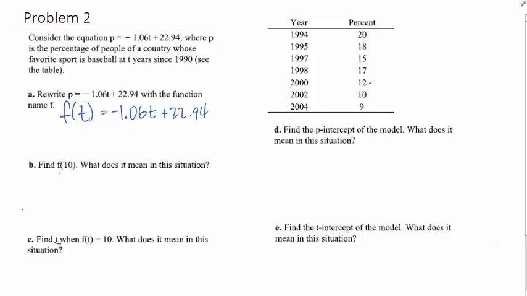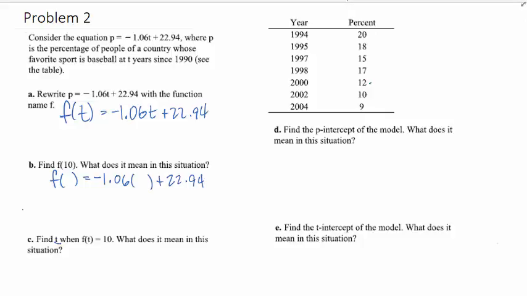Next question, what is f of 10 and what does this mean? So f of 10 says that we take our function and then wherever we see a t, we replace it with whatever we're going to put in as input, which in this case is 10. So here we want to drop in the value of 10, and now this is simply an arithmetic calculation.